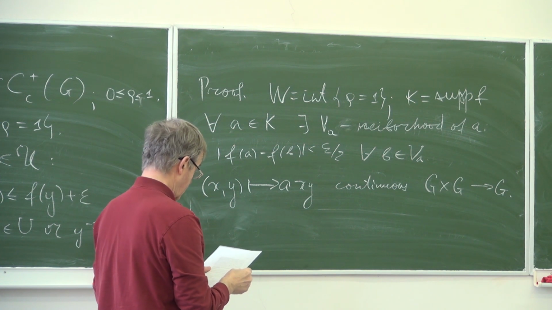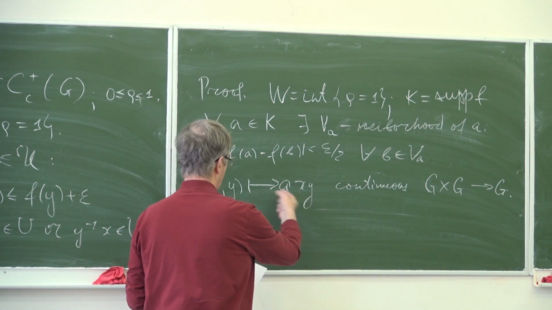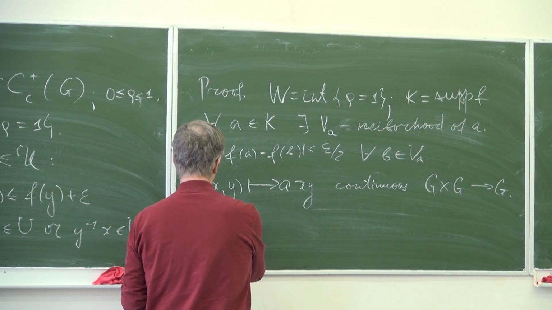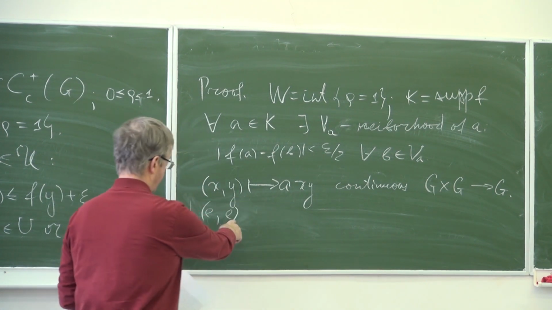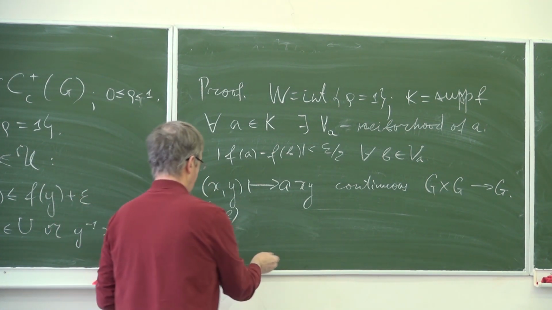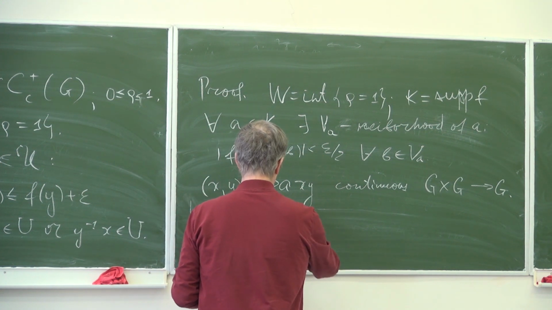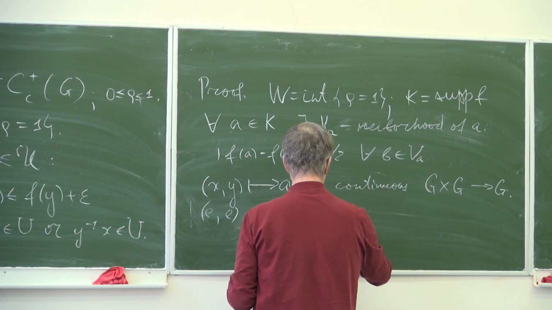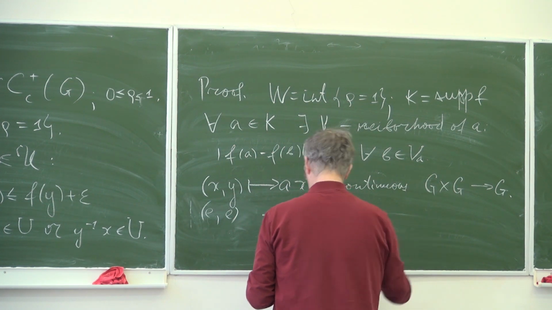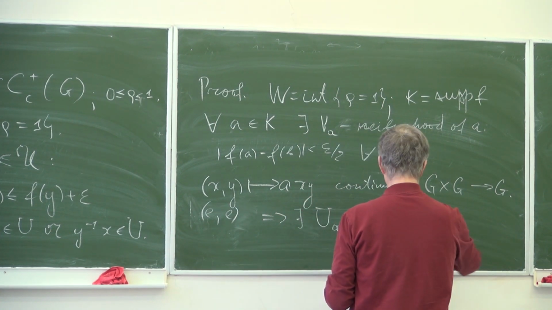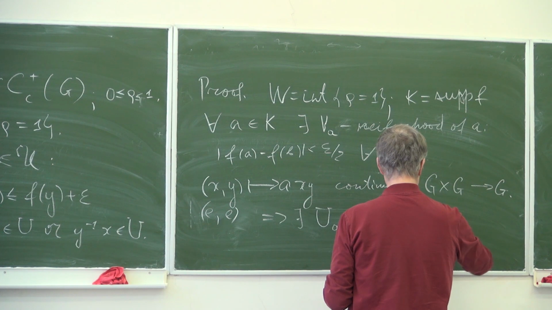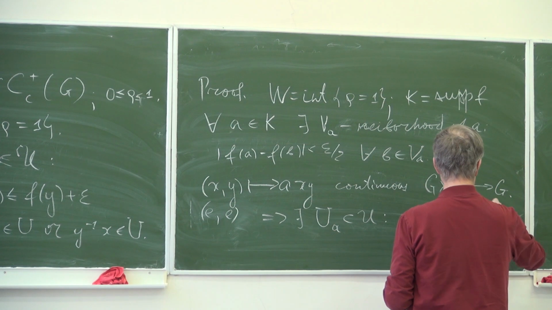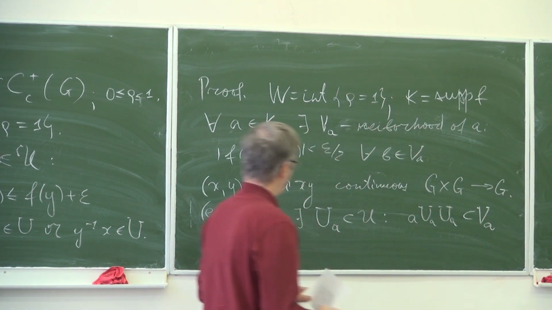And since it is continuous, I use the continuity of this map at only one point, at the couple of unit elements, and so there exists a neighborhood of unity such that U_a is included in this neighborhood V_a.